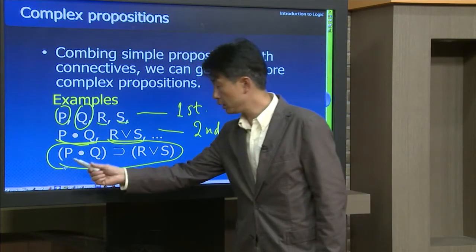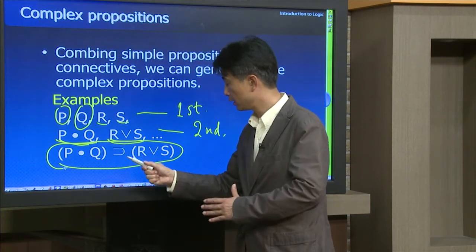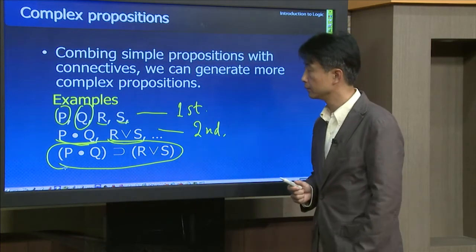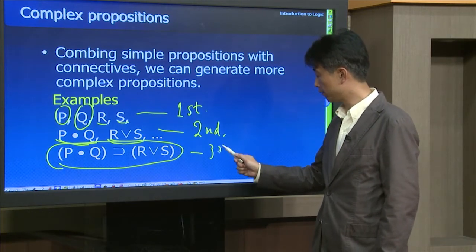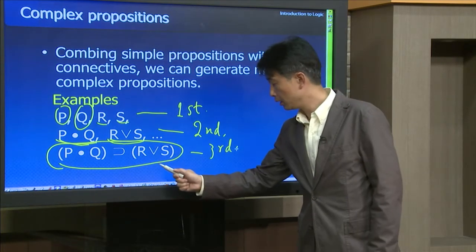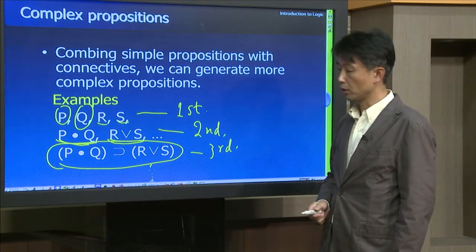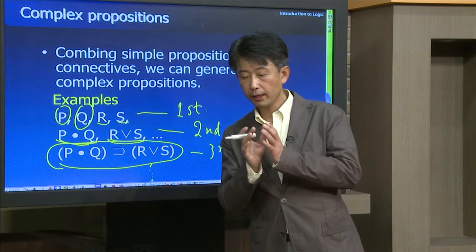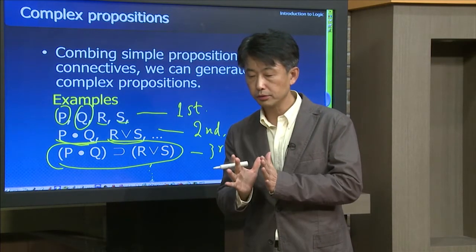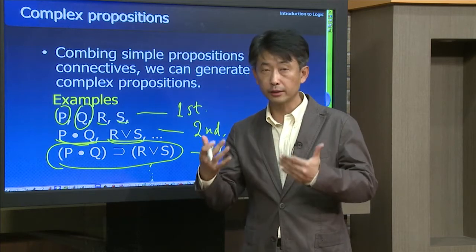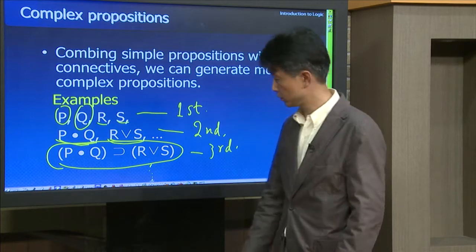Okay? If P and Q, then R or S. Okay? These are all grammatical. This is third level. Okay? But then you can go on and on. Okay? So even though we have very limited primitive symbols, we can generate very complex propositions in this language.